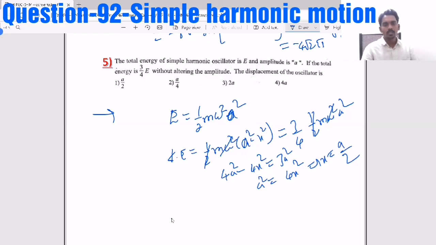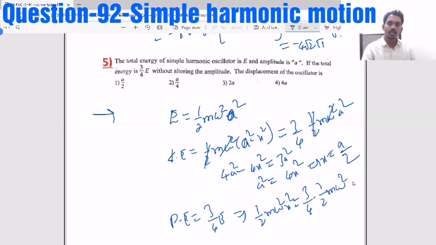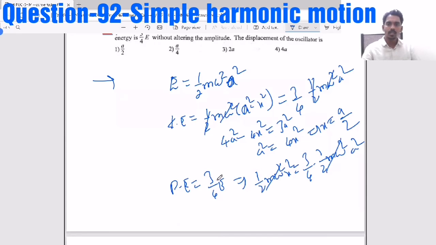Or suppose they said potential energy is 3 by 4th of E. Potential energy means half m omega square x square equal to 3 by 4 times half m omega square a square. So half m omega square cancel. So in this case, the x value will become root 3 a by 2.